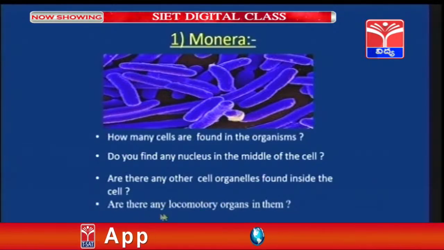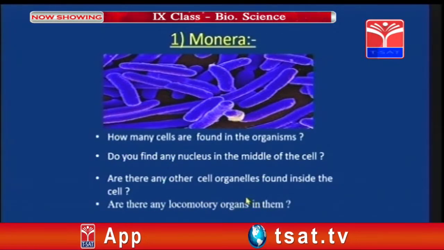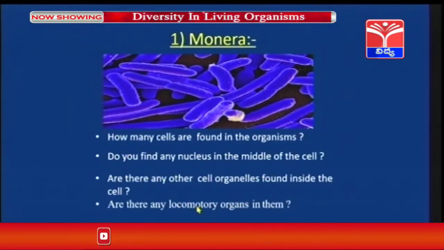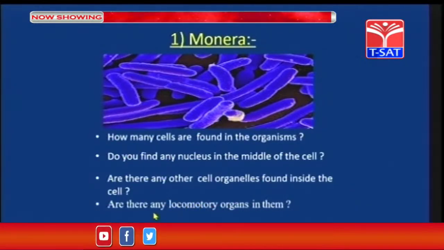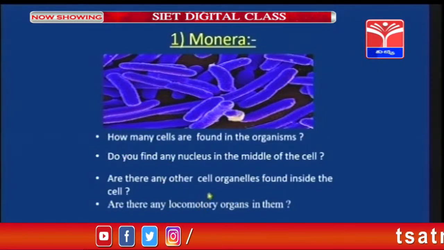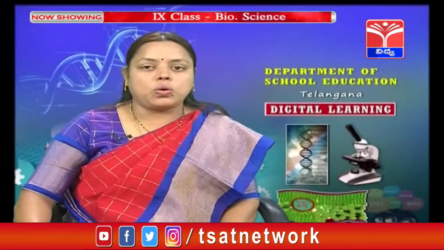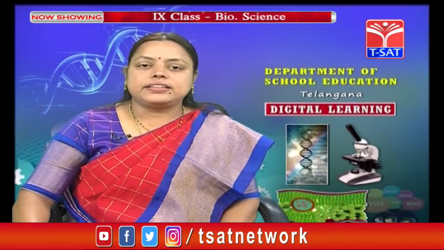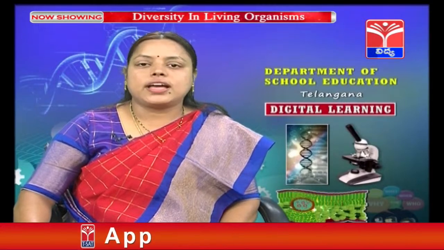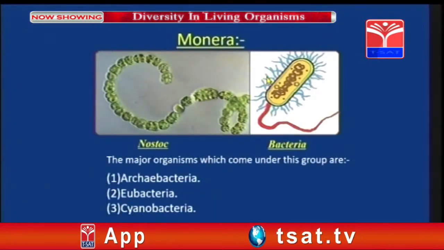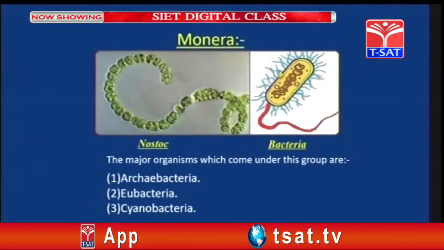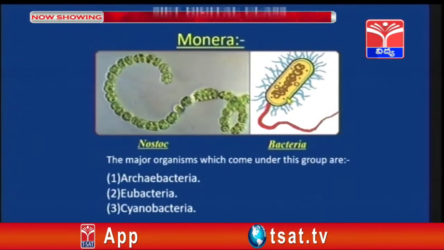Are there any locomotor organs in them? Children, first you should know what locomotor organelles are. Locomotory means movement. So, children, these are having locomotor organelles. Let us see how. You can see the examples, that is Nostoc and bacteria. In bacteria, you can see these blue hair-like structures which are called cilia.